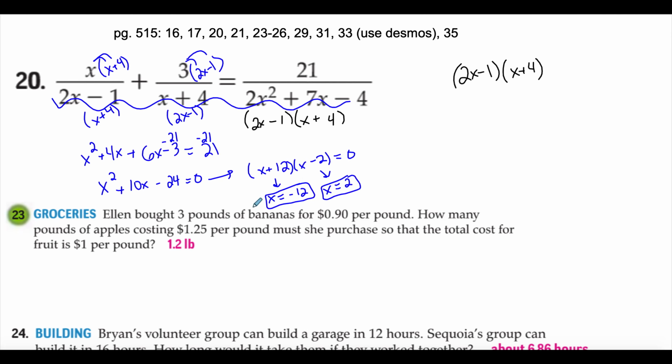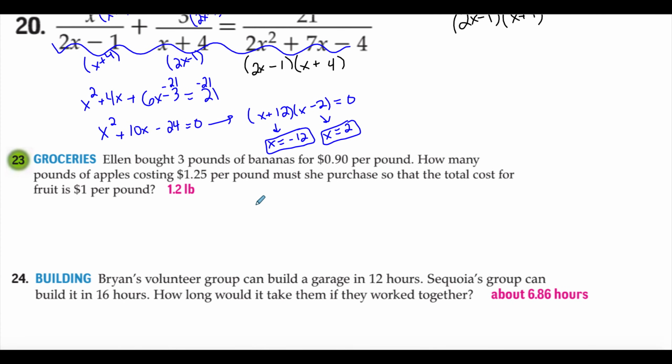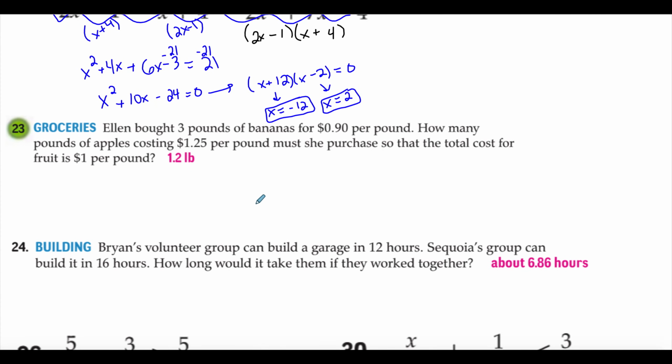All right. For 23 and 24, I have the answers there with the problem. But I want to show you how to get to the answers. Okay, so for this one, we're going to have to set it up as total cost over total weight. And we want this to equal $1 a pound. All right, so we have 3 pounds of bananas at 90 cents a pound.